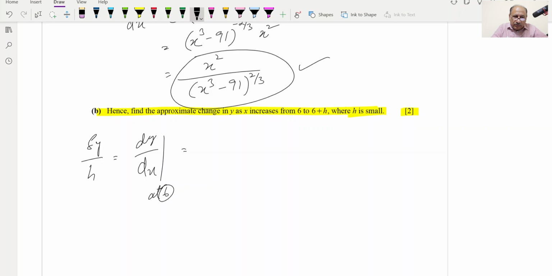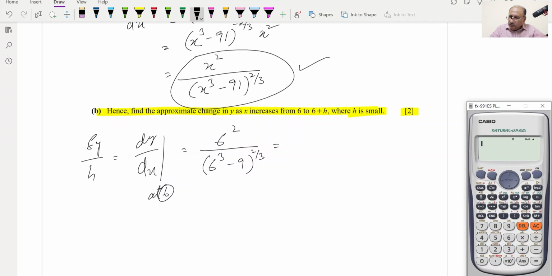In this equation we'll replace x is equal to 6, so 6 squared and 6 cubed minus 9 whole raised to the power 2 by 3, and this will be equal to, we can take a fraction, so 6 squared over, in brackets, 6 cubed minus 9, bracket close, and whole raised to the power 2 over 3.